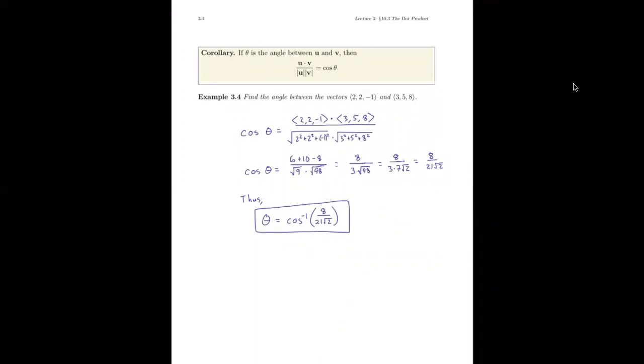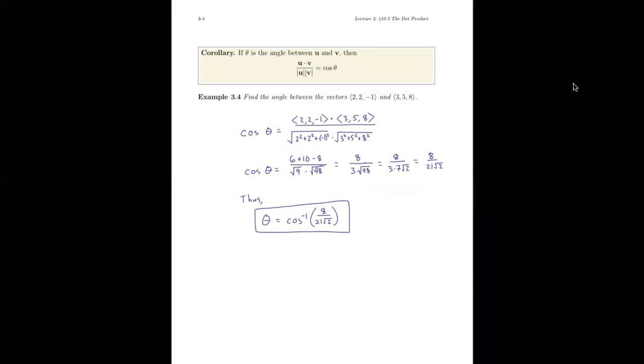And all we did was divide by magnitude u times magnitude v on both sides. That's how we arrive at this formula. There's not a whole lot going on in this corollary, but nonetheless, we'll use this formula real quick. So this will help us find the angle between two vectors if we ever wanted to do that. So there's just one step further along that path.